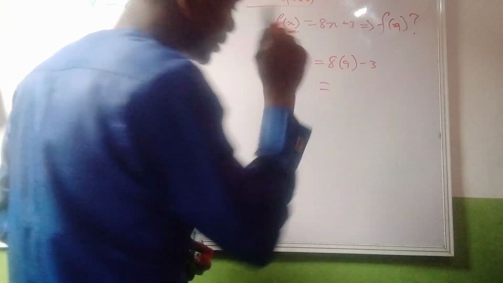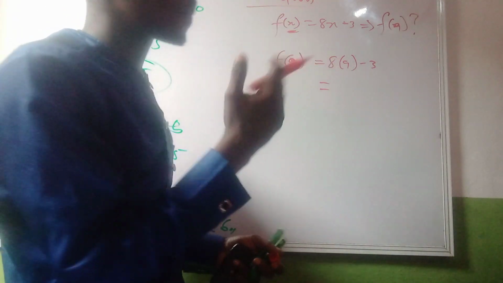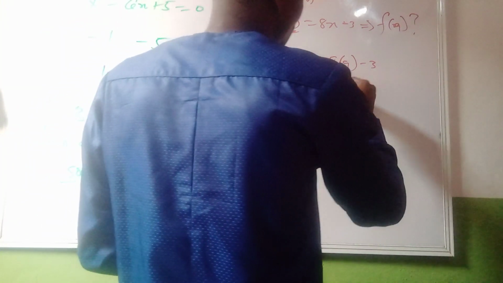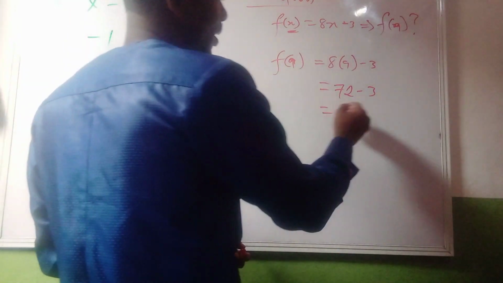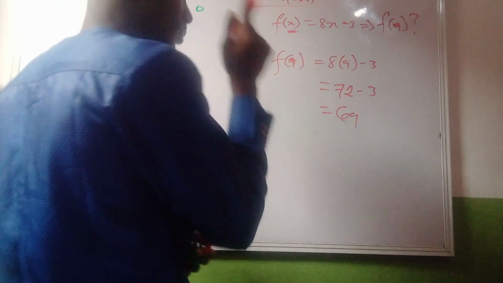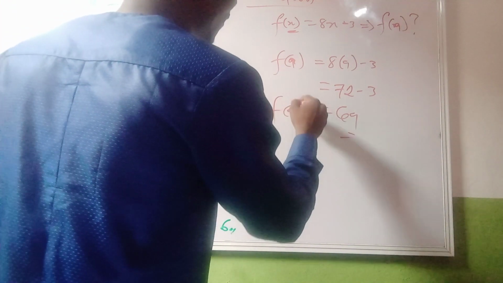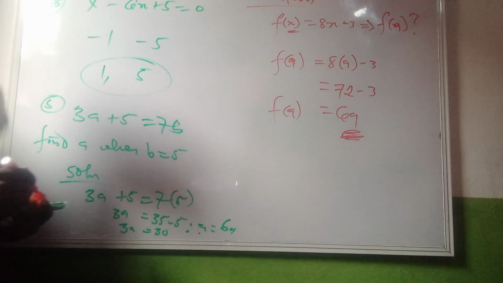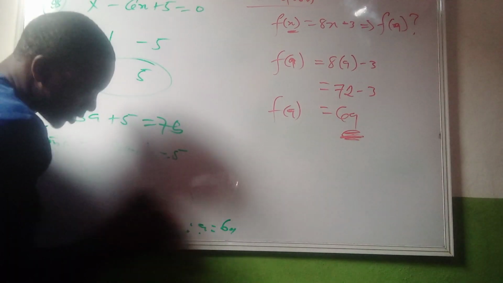Simple. 8 times 9 is 72, minus 3, is 69. So f of 9 is equal to 69.